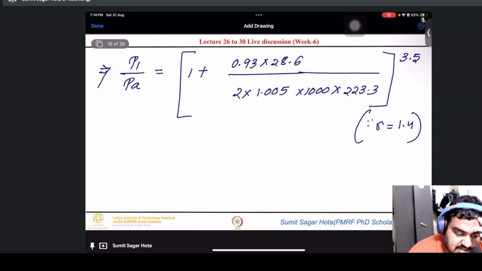There is no change in the air, so that's the reason we are considering gamma, the Cp by Cv ratio, as 1.4, and that's the only reason we took 1.005 as the Cp value at the ambient condition. So now just solve it and get the ratio of P1 by PA.